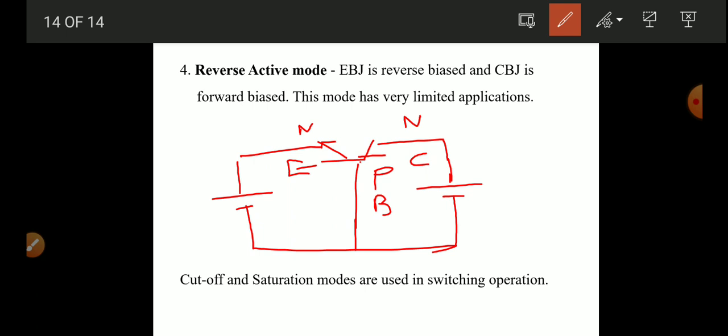Saturation mode is used as a closed switch, and cutoff mode is used as an open switch, so saturation and cutoff are used alternately for switching operations. Forward active mode is the commonly used mode of operation of a transistor, and it is mainly used for amplification. These are the things we studied in this video. That's all. Thank you.